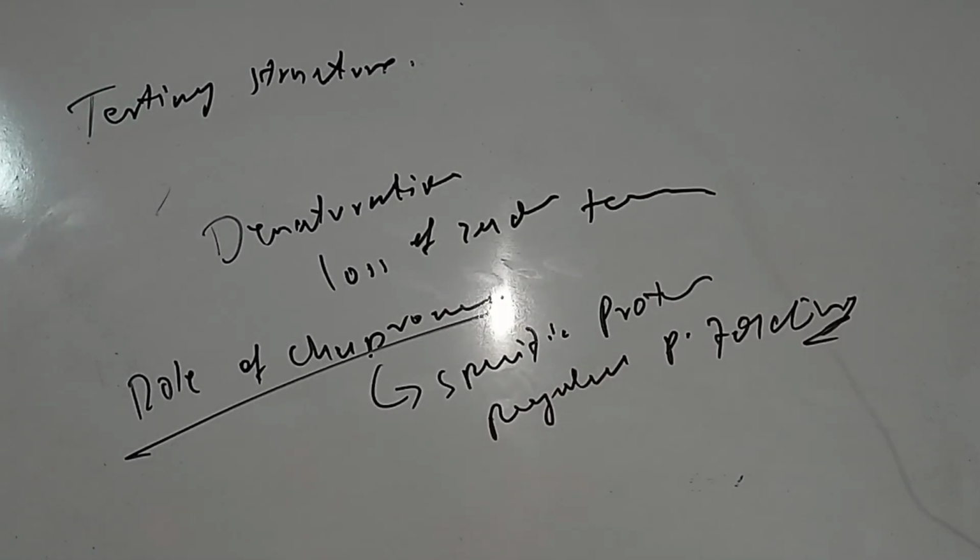Initially it was supposed that the primary structure of protein is responsible for folding. However, in denaturation the primary structure is maintained but a denatured protein does not retain its secondary and tertiary structure. So it was then thought that there must be something else.